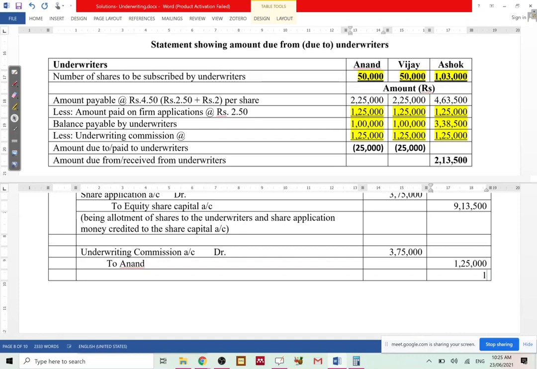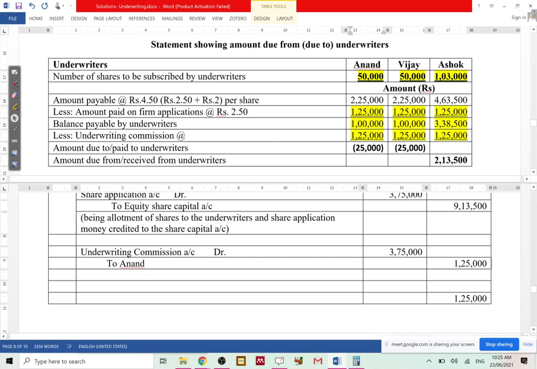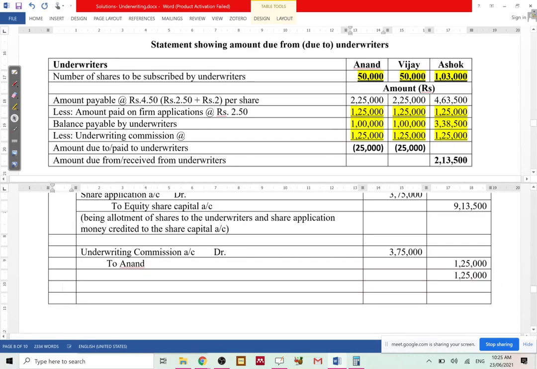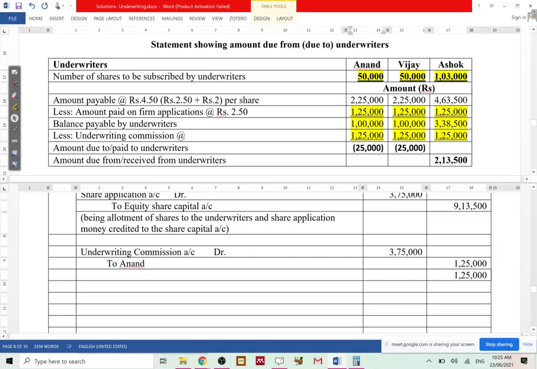We are supposed to pay Vijay also 125. Right, and we are also supposed to pay Ashok 125. Correct? So this is how much the company is supposed to now pay each one of the underwriters in the form of the commission. Is this clear?